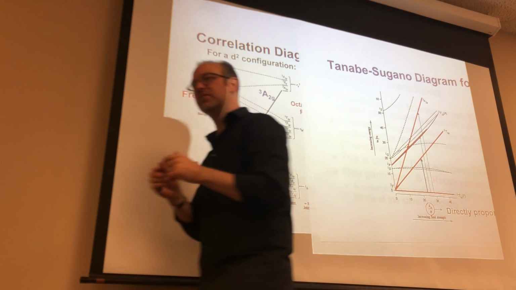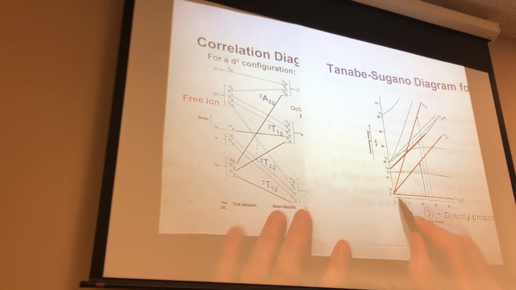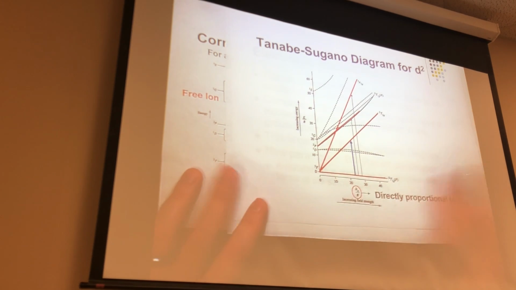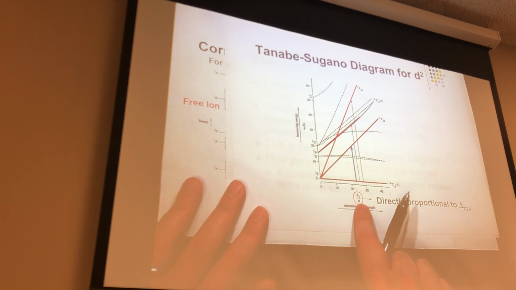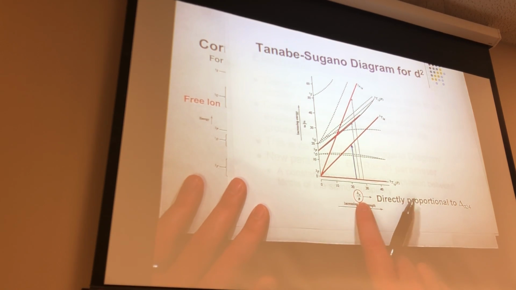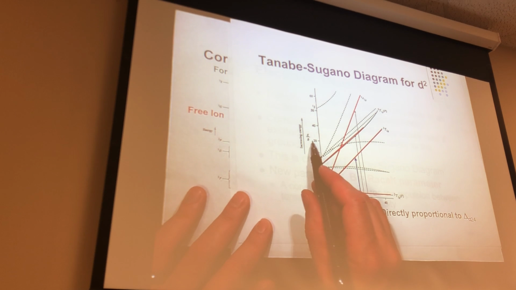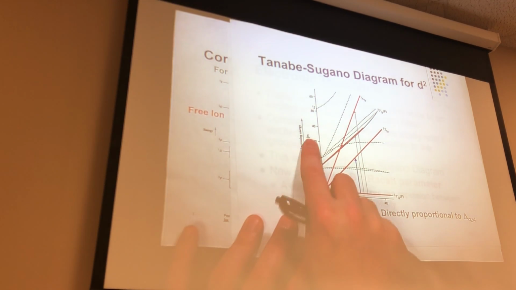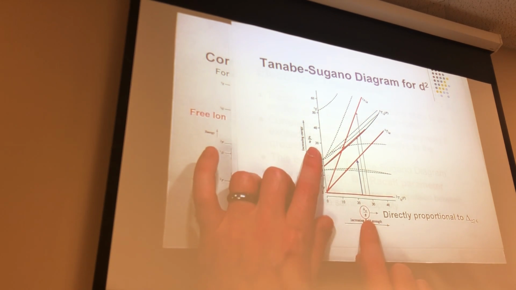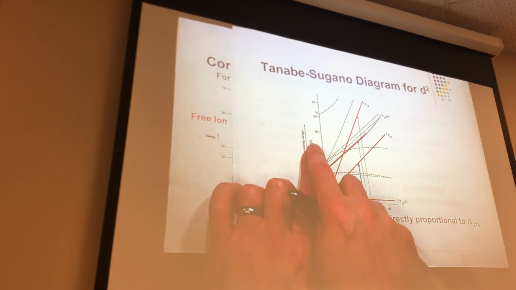Delta is the x-axis, which is the measure of how far we are away from the free ion term, but it's delta divided by the variable B, the Racah parameter. And on the y-axis, it's the energy, the photon energy of our transitions, also divided by that same parameter. So B shows up in both axes, and that's how we'll solve for it, because we actually know the energies of our transitions.